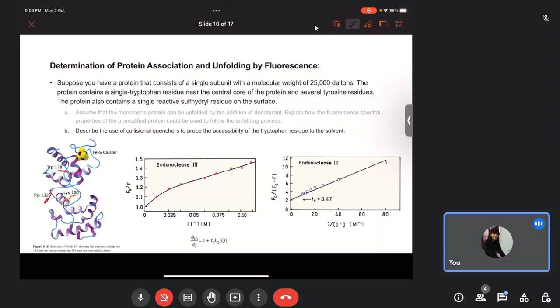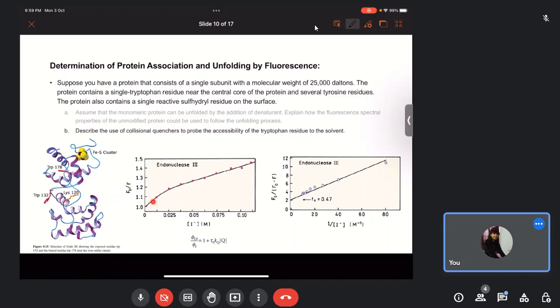So this is one of those examples where the tryptophan, this is a molecule which is called endonuclease 3. I forgot what its use is, and it has two tryptophan residues. One is slightly buried, one is very much exposed, and you can see how the fluorescence of endonuclease 3 follows upon different concentrations of quenchers, for which they have used iodate ions as the quencher.